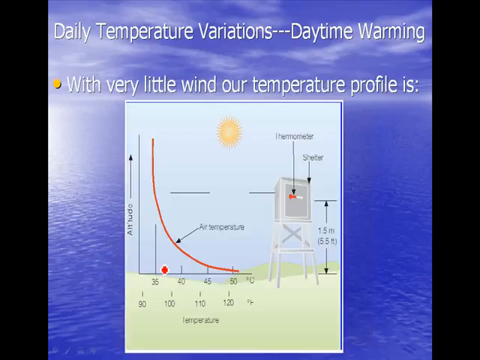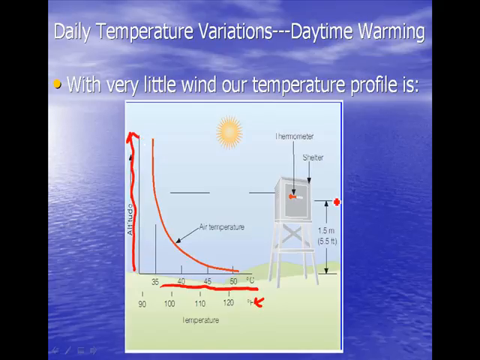Well, let's talk about daily temperature variations, specifically daytime warming. This particular graphic here, there's a lot of information going on, but we have an x-axis, which is temperature in degrees Celsius or Fahrenheit, and then the altitude as we go from the Earth's surface on up.